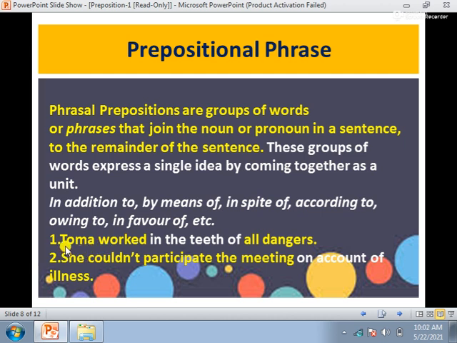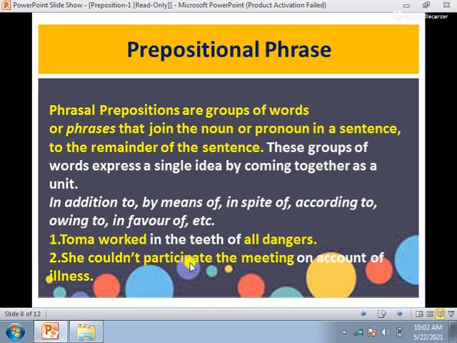Look at the example. Toma worked in the teeth of all dangers. So in the teeth of is the prepositional phrase because it has been made with a preceding preposition and it has a particular meaning. That is, though there are dangers, Toma worked in spite of having dangers.